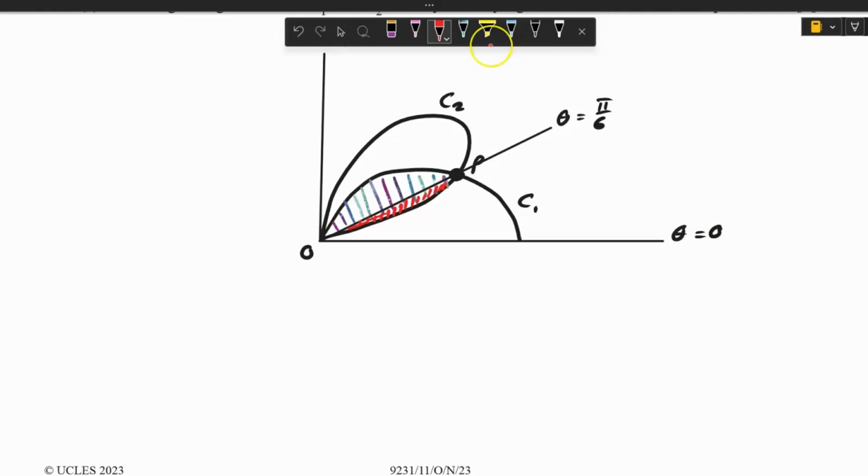All right. So for the little area that I've shaded right here, we are going to use the fact that area is found by the integral from alpha to beta of half r squared with respect to theta.